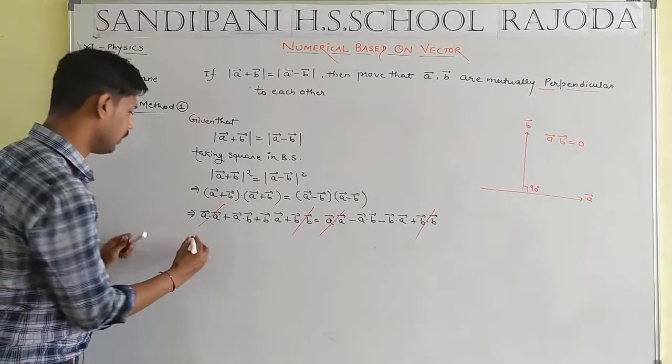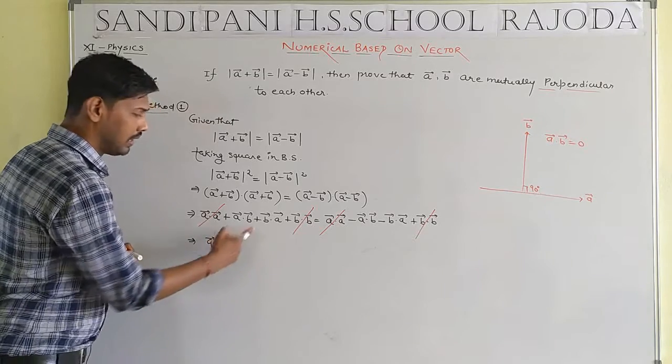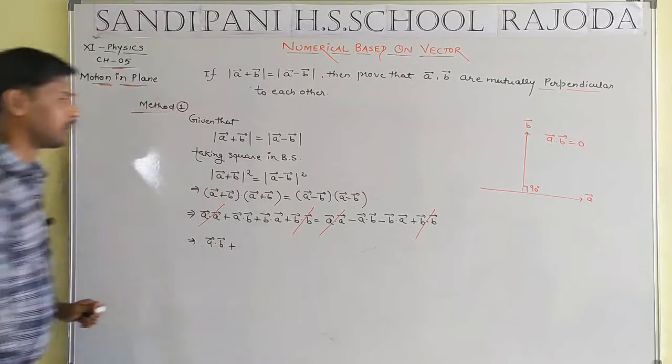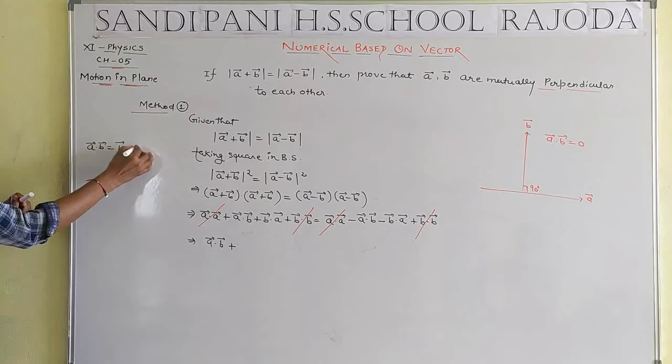Okay, student, now time to define a dot b plus b dot a, but according to the basic concept of the vector, we know that a dot b will be equal of b dot a.